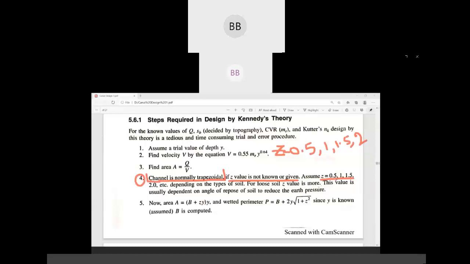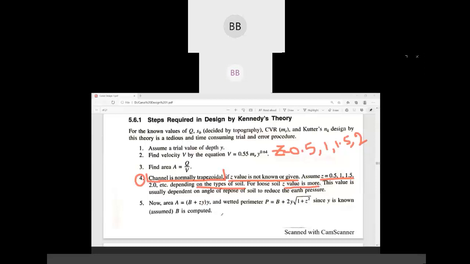a value of z between 0.5 and 2, depending on the types of soil. As you can see here, for loose soil, the z value will be more.